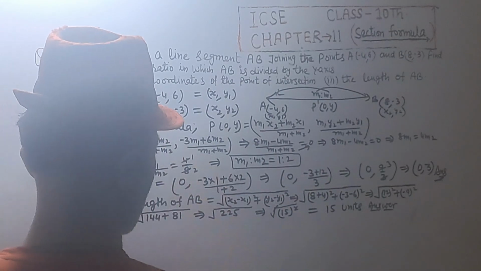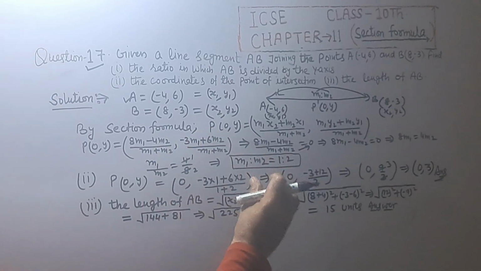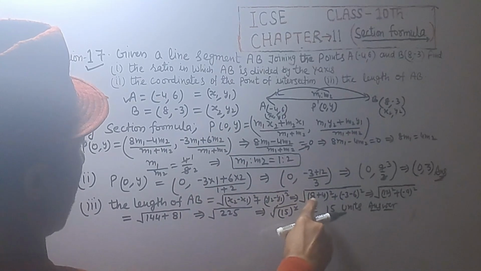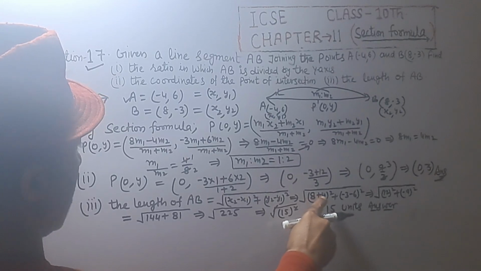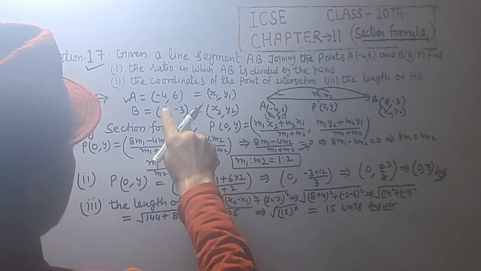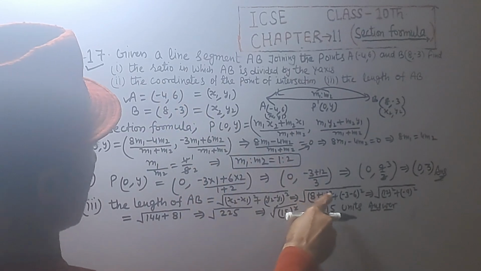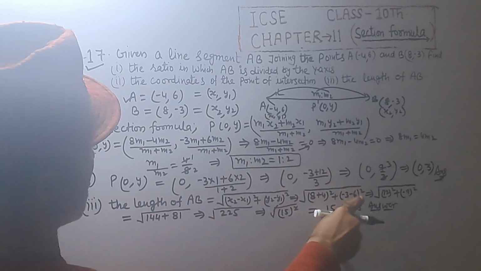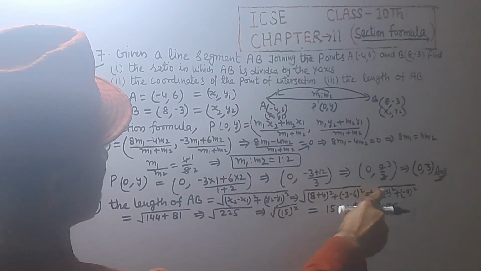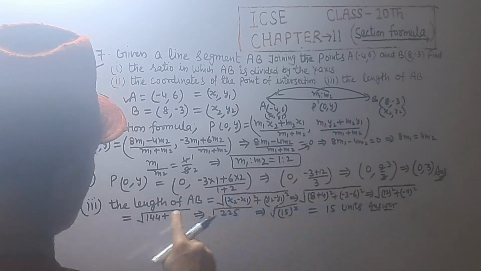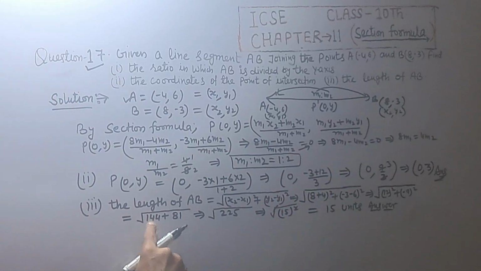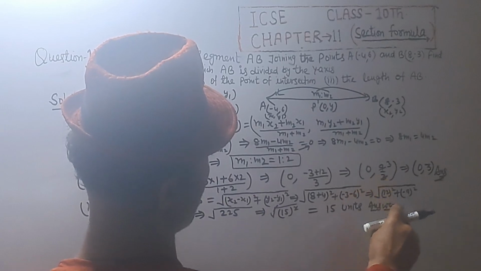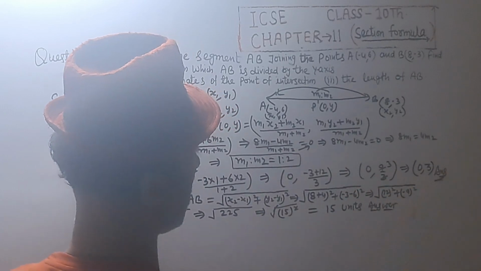So by the distance formula, square root of (x2 - x1) squared plus (y2 - y1) squared. x2 is 8 and x1 is -4. (8 + 4) raised to power 2 plus (-3 - 6) raised to power 2. 8 + 4 is 12. 12 squared is equal to 144. And (y2 - y1), (-3 - 6) raised to power 2, that is (-9) raised to power 2.